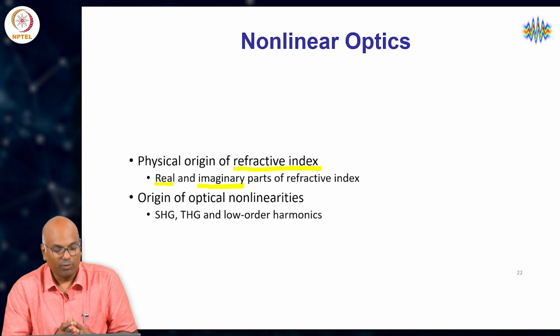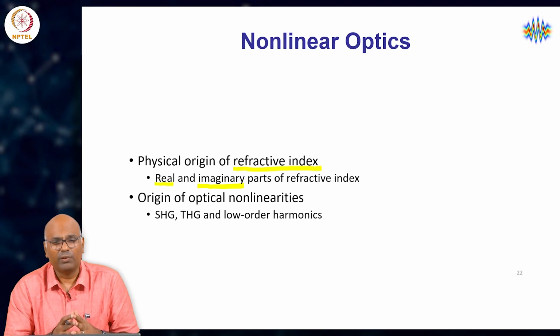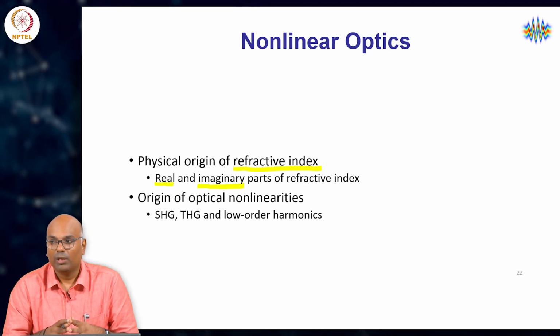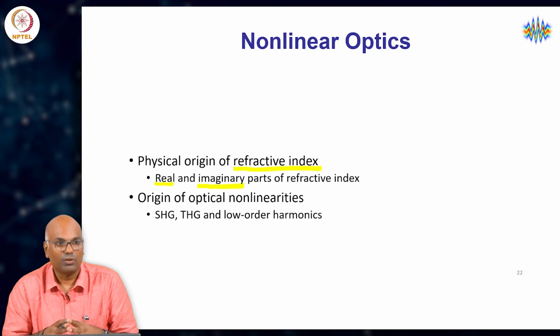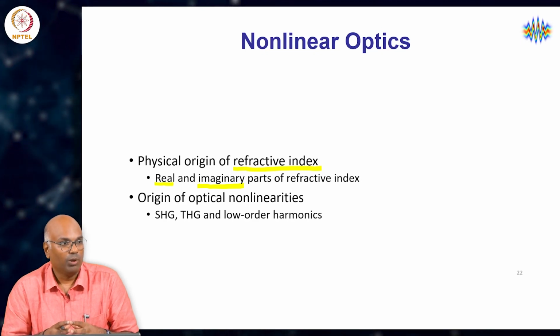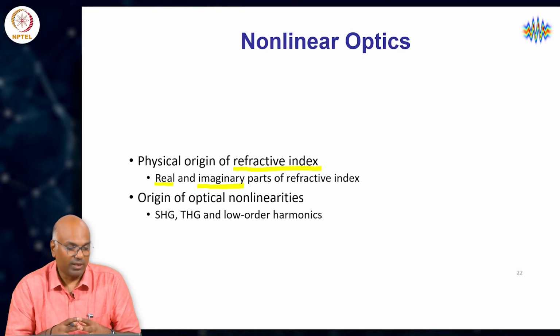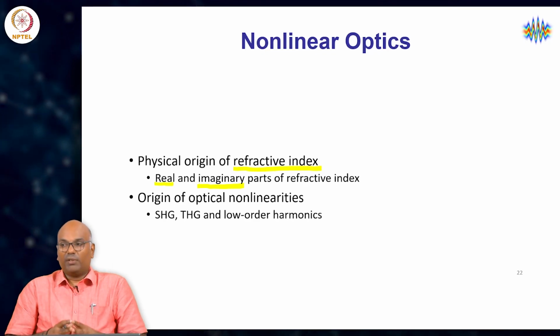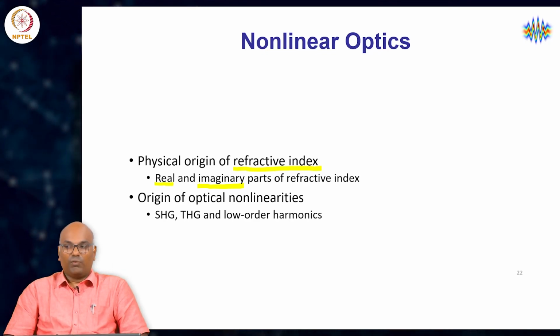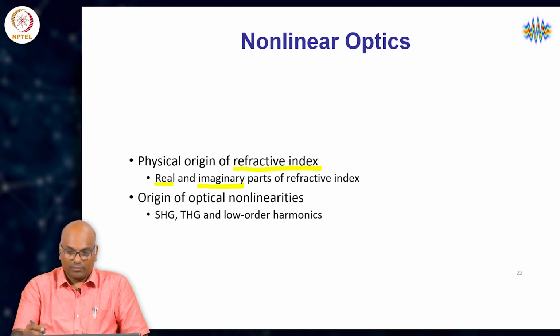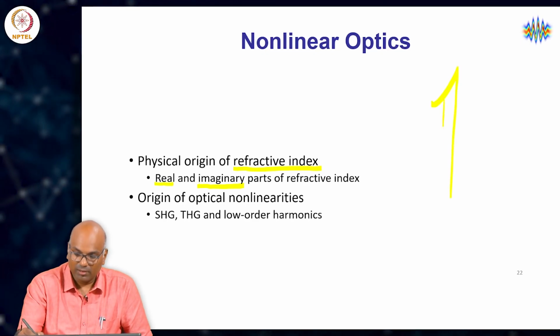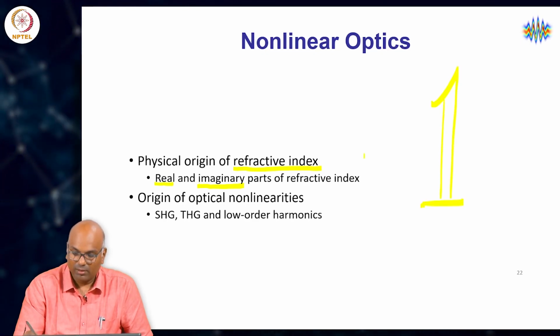Okay. So, in this section one of our first goals will be to ask the question, where does this originate from? What makes materials have a finite refractive index? The refractive index of vacuum is 1, is unity. Okay.